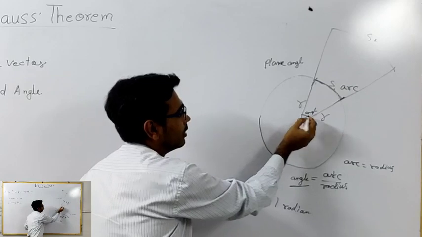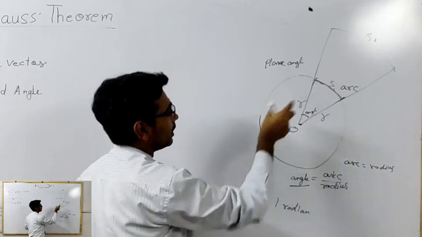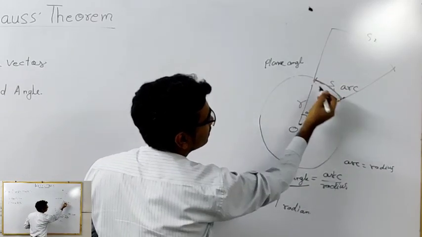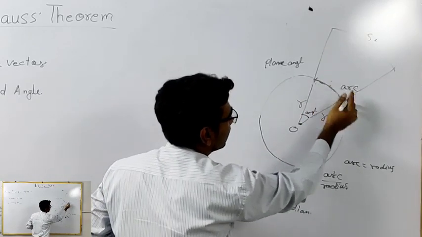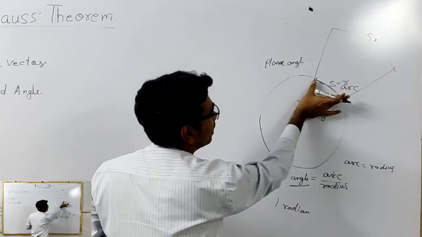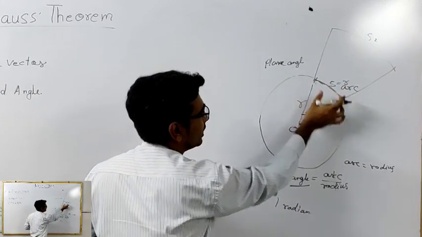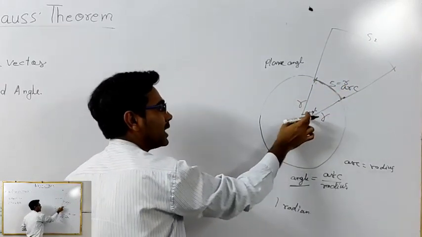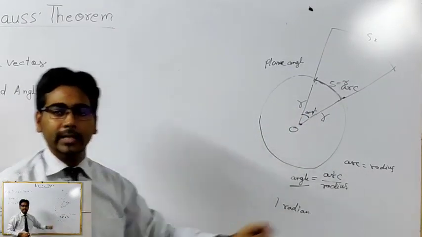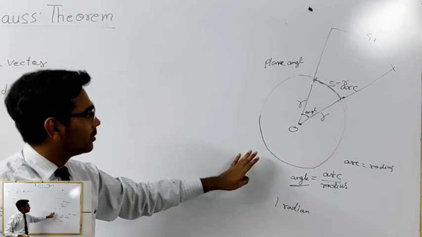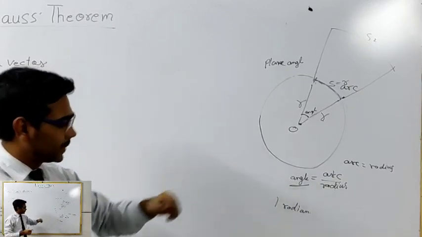This angle will be called 1 radian if the length of the arc, this S, is equal to the length of this radius, that means S equals R. If you choose the arc of length equal to R, then whatever angle it subtends at the center will be called 1 radian. This is all about your older knowledge, about your plane angle.